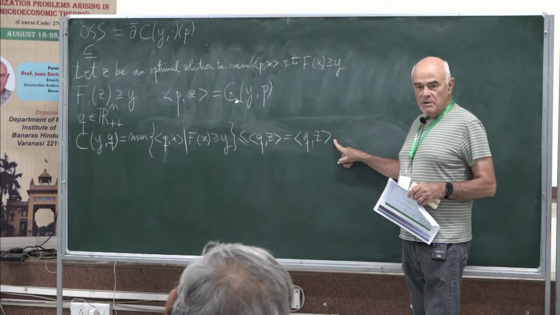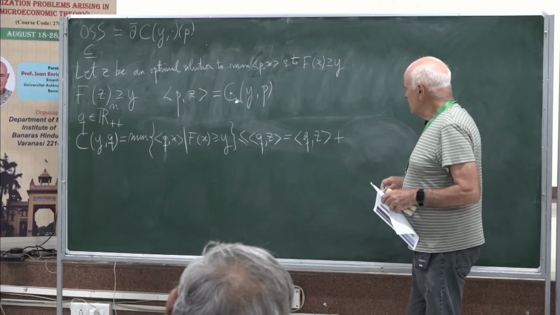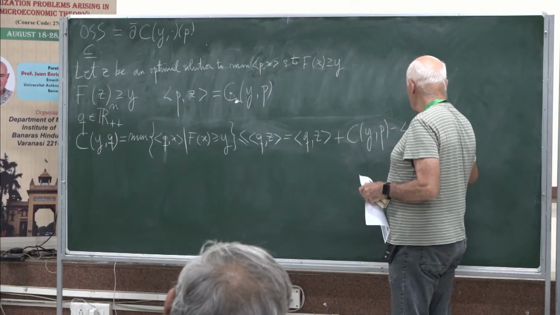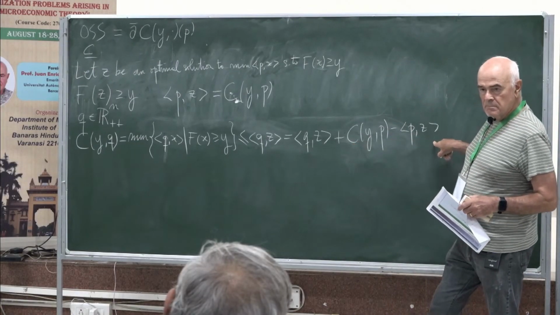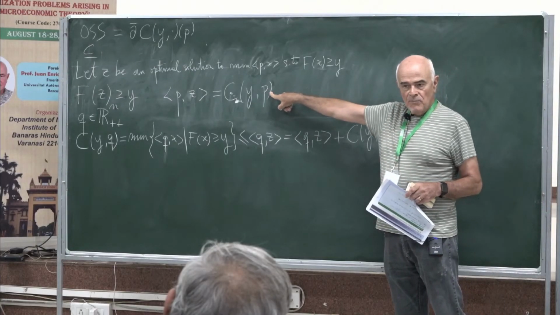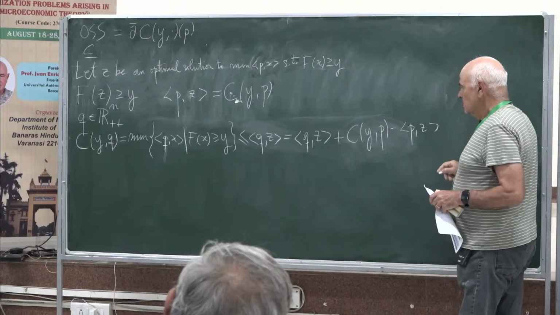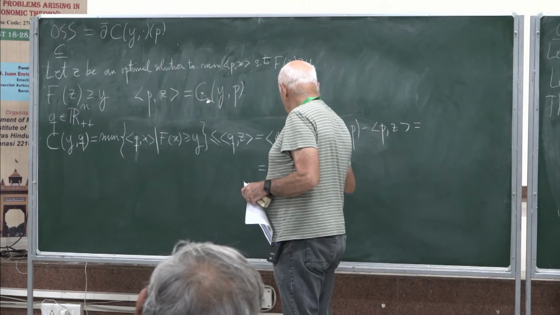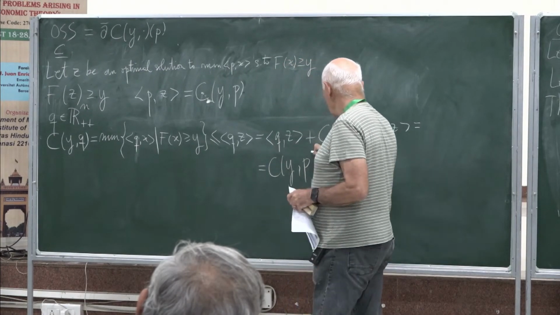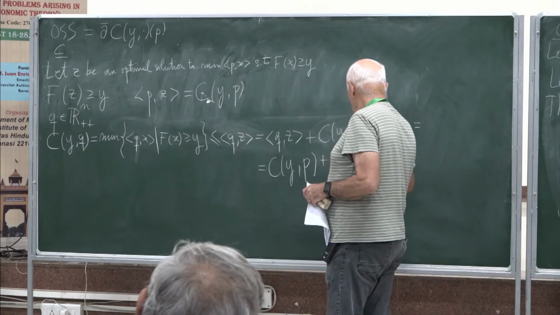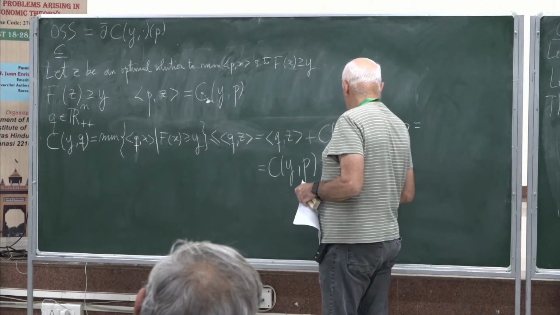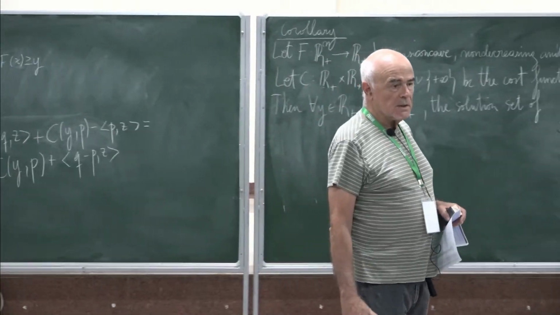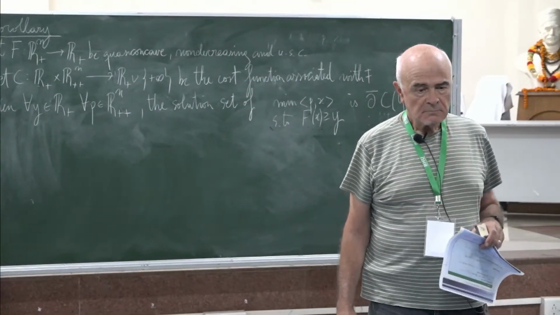You will accept this equality, so I am adding 0. This is 0. Okay? So equality is true. End of the proof. Because this is C of y, p plus q minus p comma z. Because this holds for every q, z is a super gradient. Do you agree?